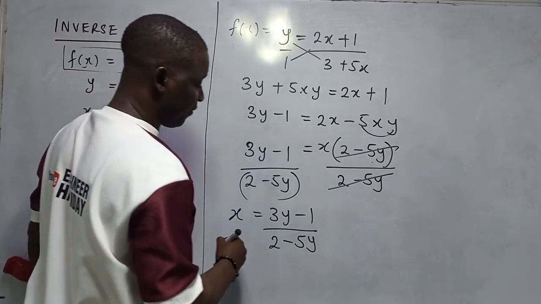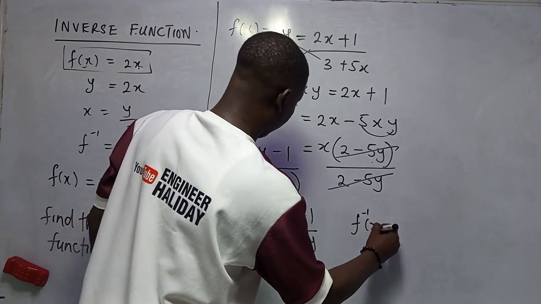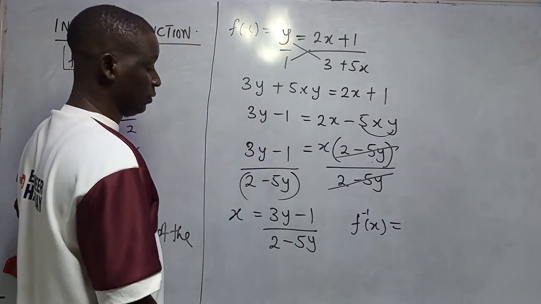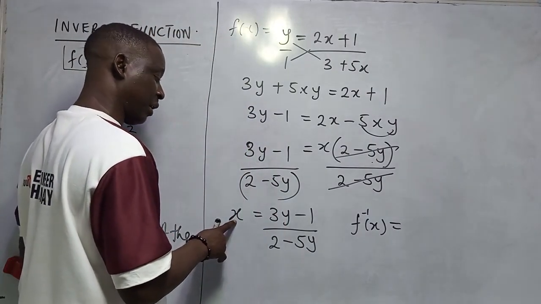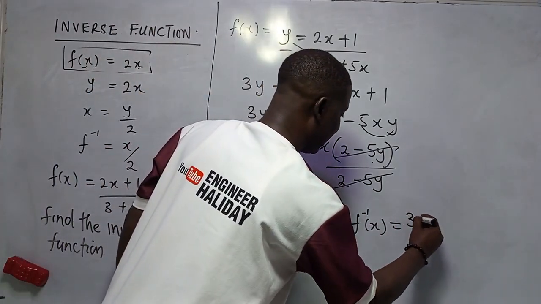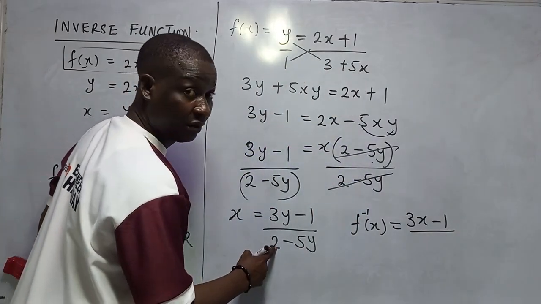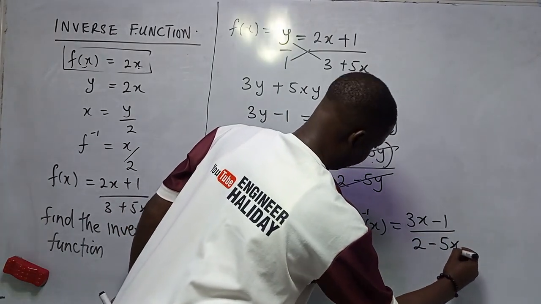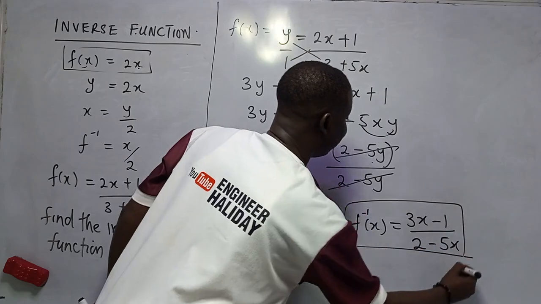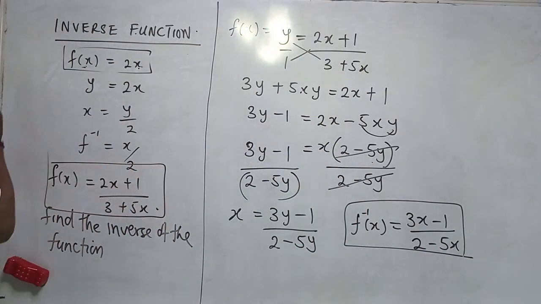So what is your inverse now? The inverse of the function, I will now write this one as inverse of the function. Then this one will now be 3x minus 1 over 2 minus 5x. So this one is now the inverse of this particular function given to us.